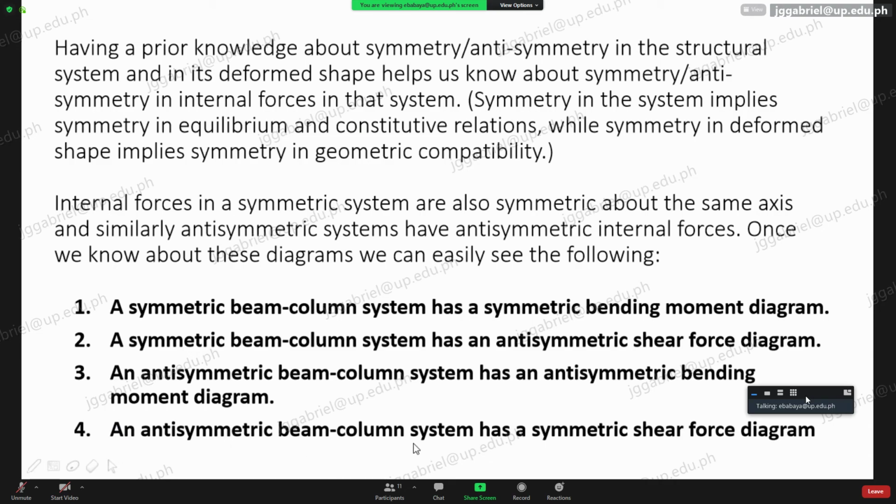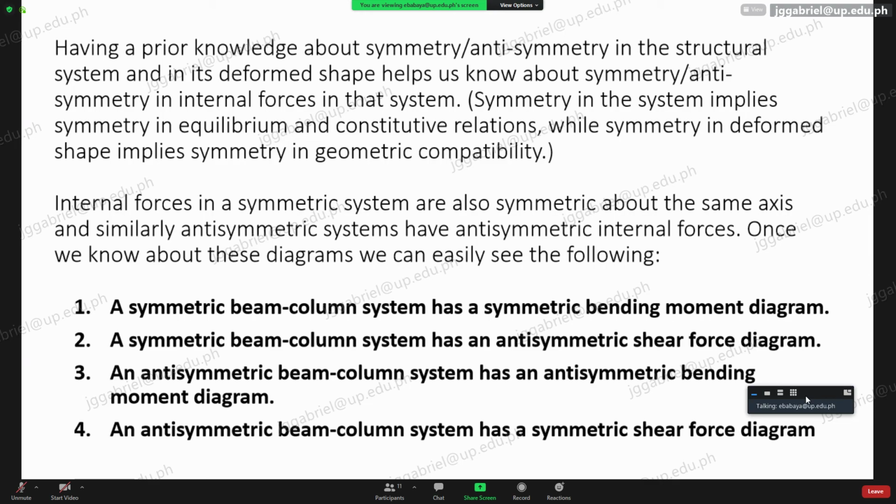An antisymmetric beam column system has a symmetric shear force diagram. Now, if you want to have a pattern for this guidelines, yung bending moment diagram, it always follows whether it is symmetric or antisymmetric beam column system.